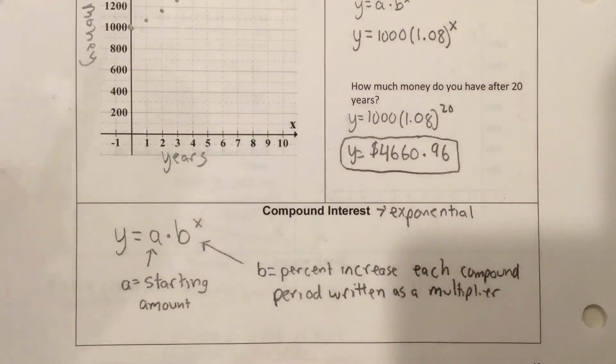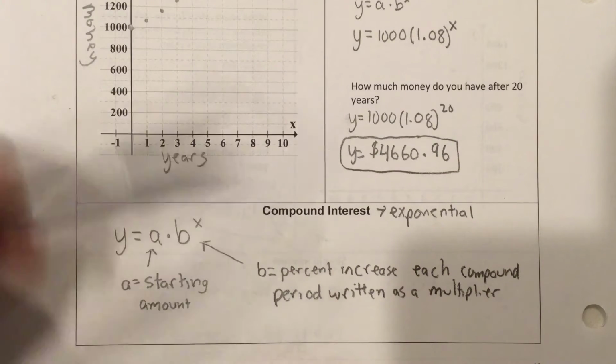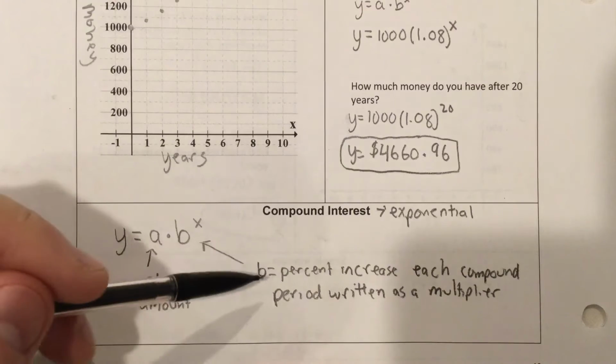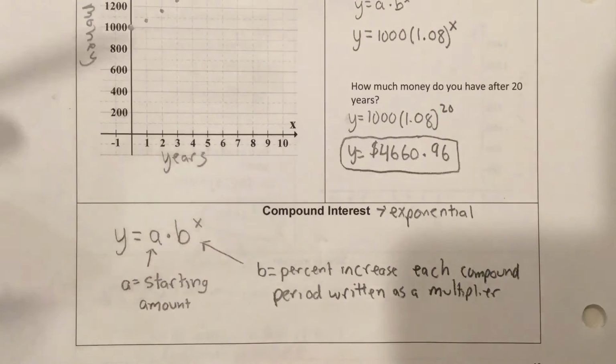And so again, each compound period means how often you're getting that interest. So we were getting that interest one time per year. So we were adding 8% one time per year. So we did 100% plus 8%, which is 108%.